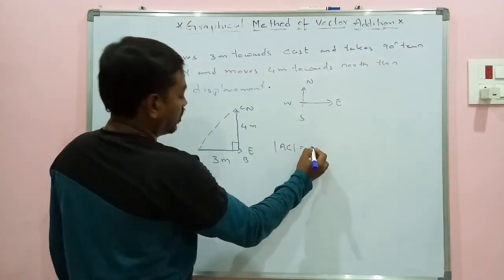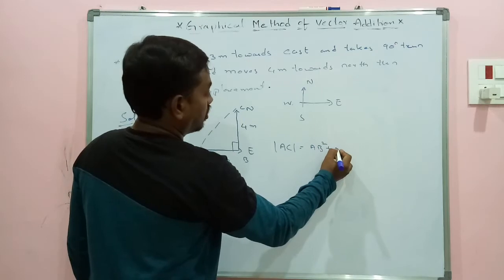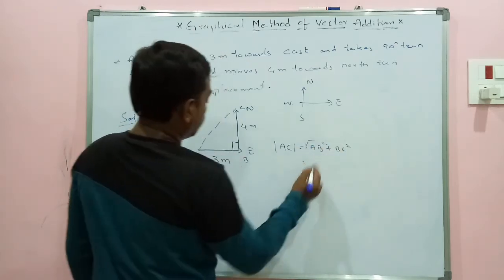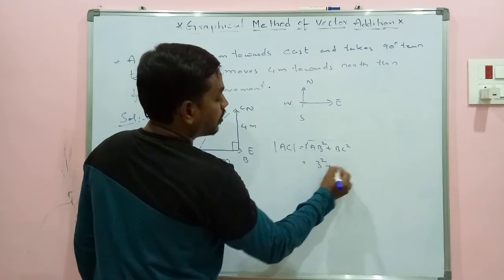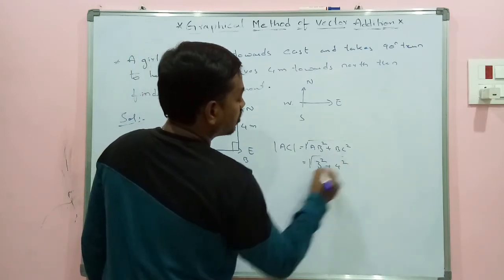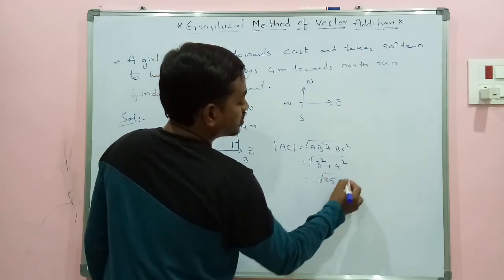So I can write it as under root of AB square plus BC square. So I will be getting under root of 3 square plus 4 square, which is under root 25. Answer will be 5 meters.